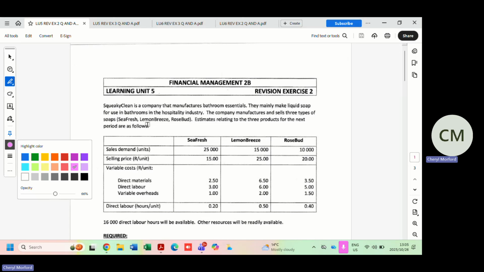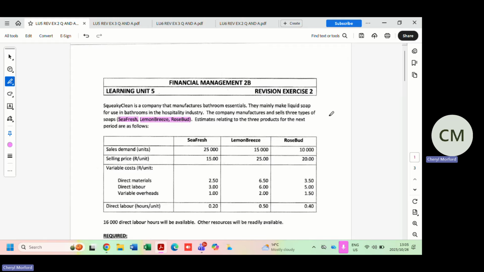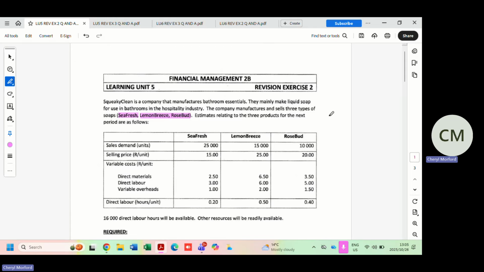We can just highlight their names: Sea Fresh, Lemon Breeze, and Rosebud. Hopefully a suitable scent for everybody. Okay. Here is the information. The sales demand in terms of physical units, the price per unit, as well as your variable cost, and some information relating to the number of labor hours.